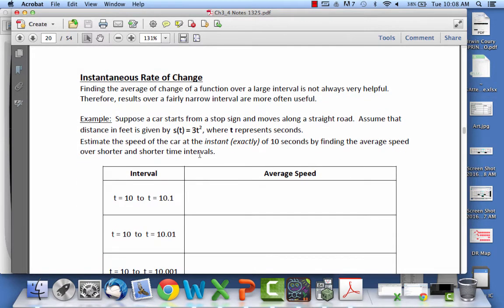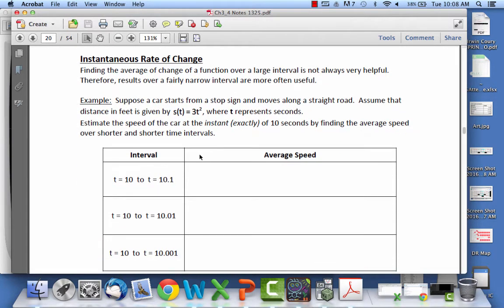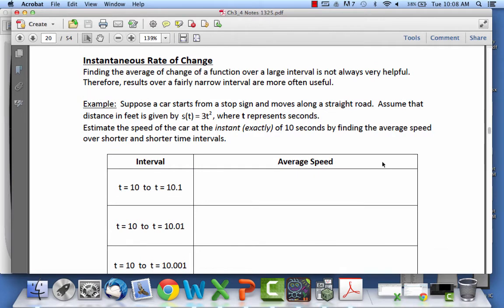Now, instantaneous rate of change is when we start kind of getting our hands around the derivative. So now we have that a car starts from a stop sign and moves along a straight road. They are going to increase in speed so that their position is given by 3t squared. They're not traveling linearly, they're speeding up from a stop sign.